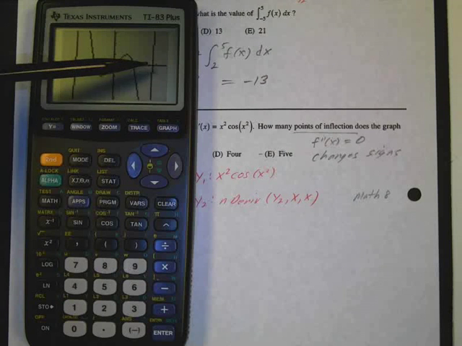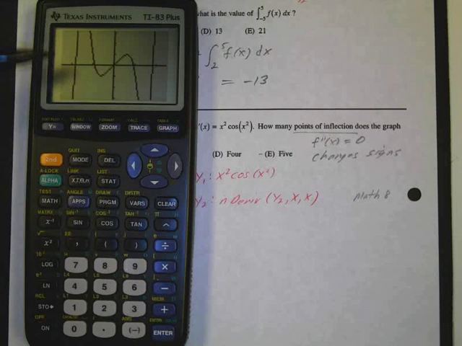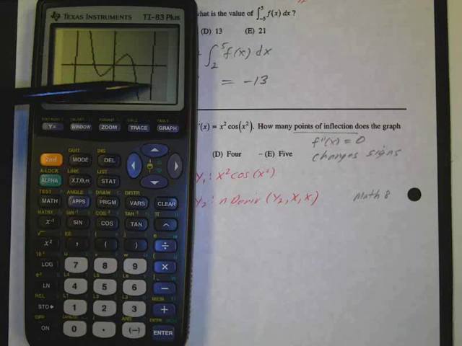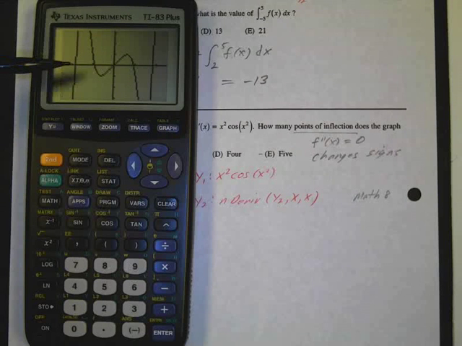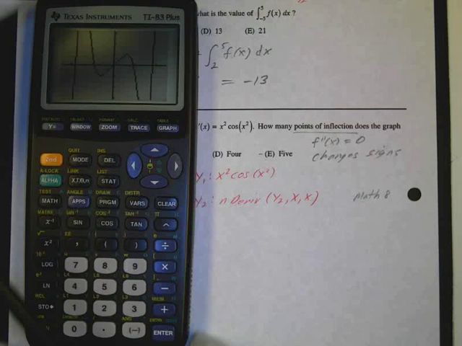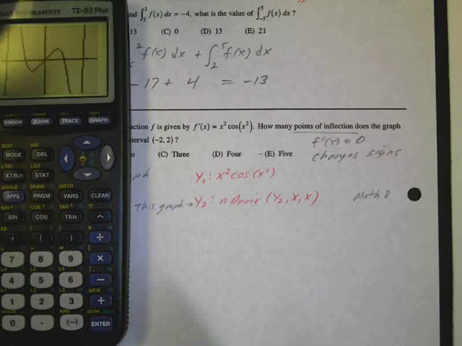So between -2 and 2, my second derivative is changing signs, negative to positive, positive to negative, negative to positive, positive to negative, negative to positive, changing signs 5 times, 1, 2, 3, 4, 5 times. So we have 5 points of inflection. Okay? That's how you would do it. Hope this helped.